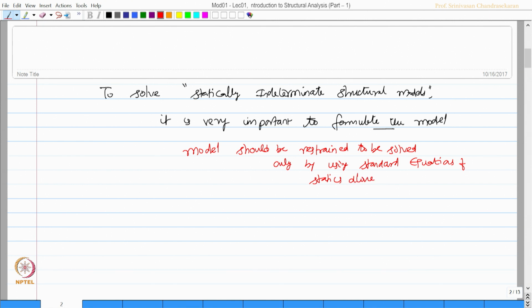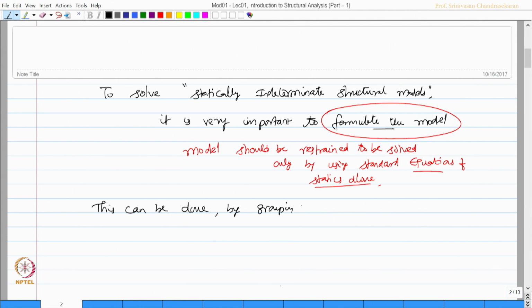When I formulate the model, I should make the model in such a manner that with the help of standard equations of statics alone, I should be able to solve the model. So, it is all depending upon how you formulate the model. Now, this can be done by grouping the formulation.